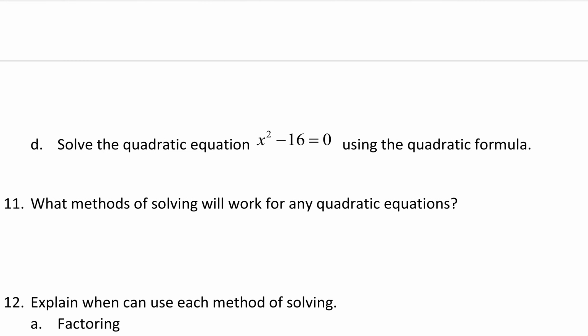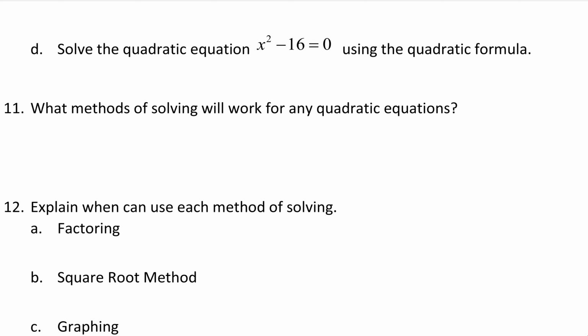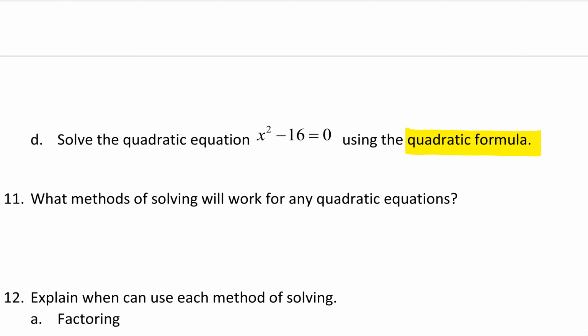Now, the last one, we want to do solving using the quadratic equation. Well, sorry, we're going to solve the quadratic equation by using the quadratic formula. So we need to remember what the quadratic formula is. My quadratic formula is -b plus or minus the square root of b squared minus 4ac, all over 2a.